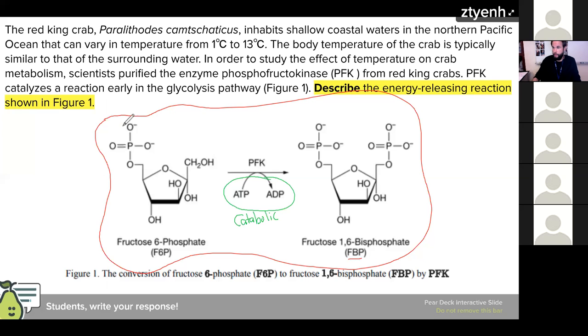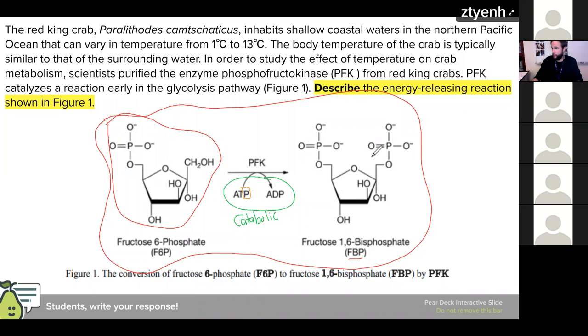So if this is one of our reactants, okay, the phosphate group, the high energy phosphate group that was part of ATP broke off and is being transferred. Here, let's do this. Change colors one more time. So if this is that high energy phosphate group, I know there's 3 of them, right?